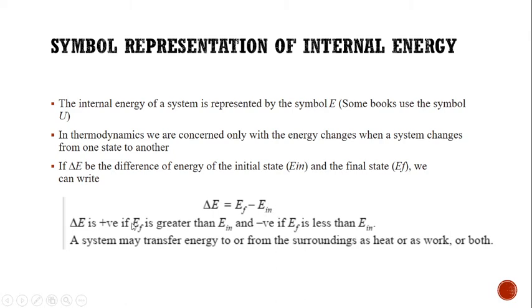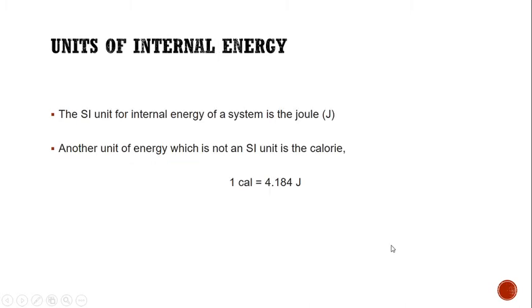So, a system may transfer energy to or from the surroundings as heat or work or both. Units of internal energy: most commonly we use the SI unit of internal energy, that is joules. Moreover, internal energy can also be expressed in calories. You also know this famous relationship, that 1 calorie is equal to 4.184 joule.